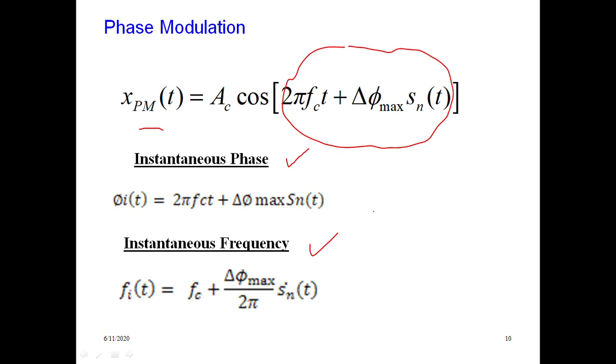Inside here there is a frequency. We find the instantaneous frequency: the f_c, of course, has to be there, and then delta phi max divided by 2 pi multiplied by the derivative of the normalized signal. This means we differentiate this part, d/dt, to find the instantaneous frequency.